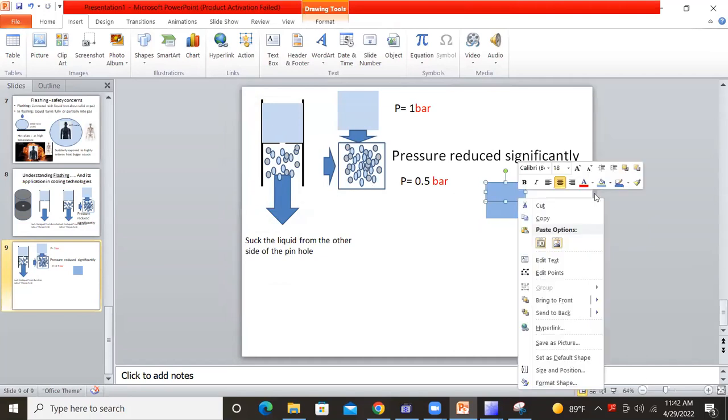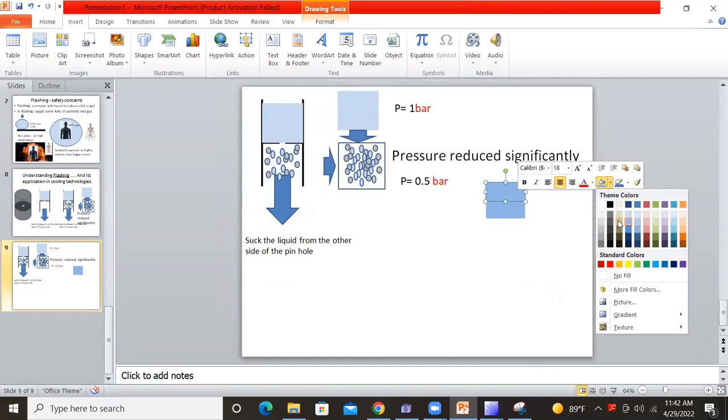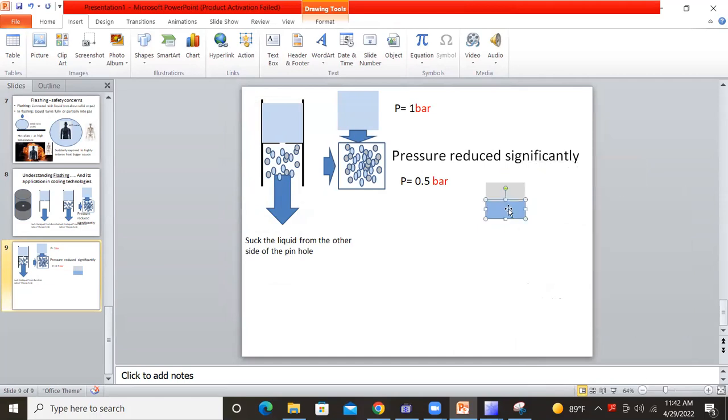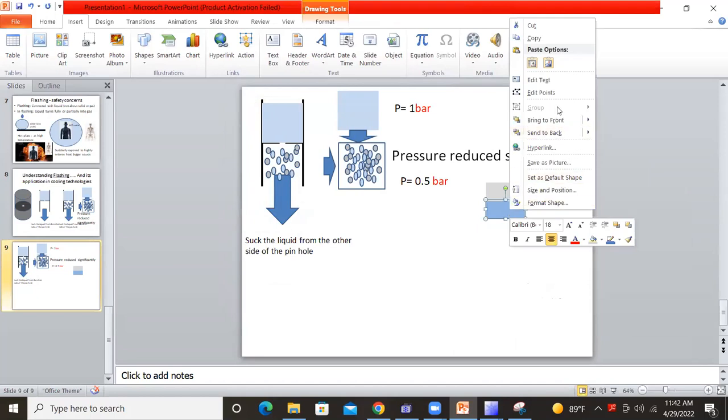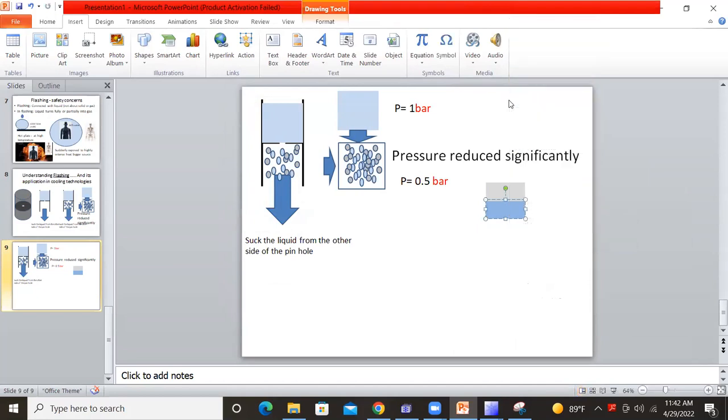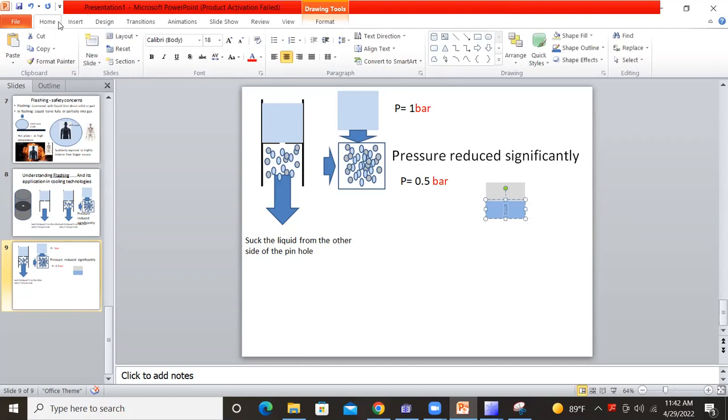You can see like that. So vapor I put this. Liquid. Vapor.